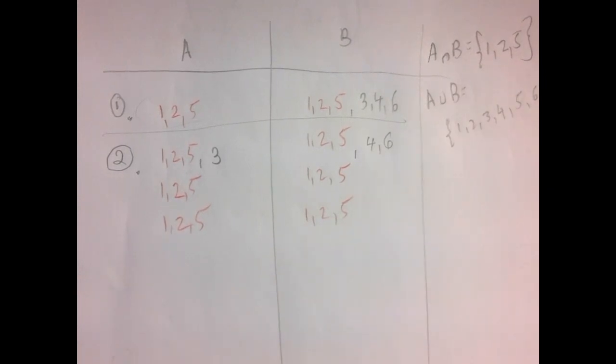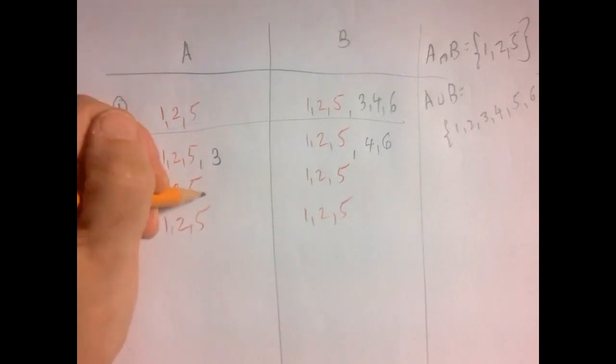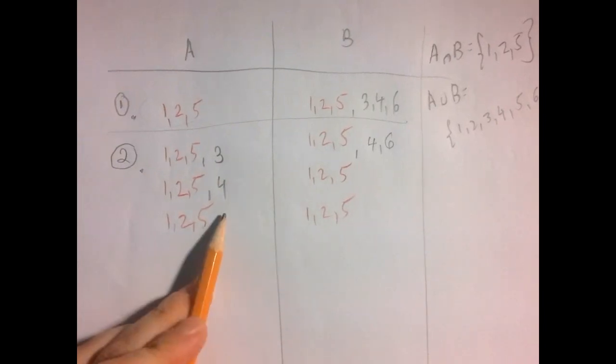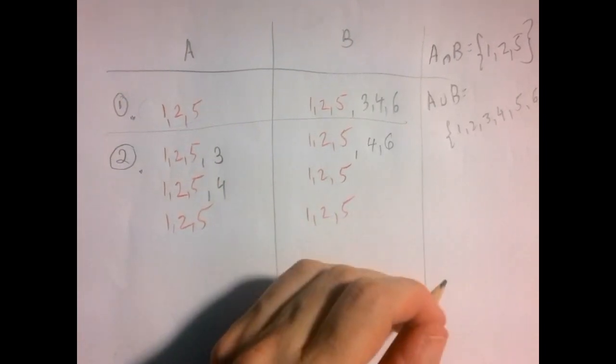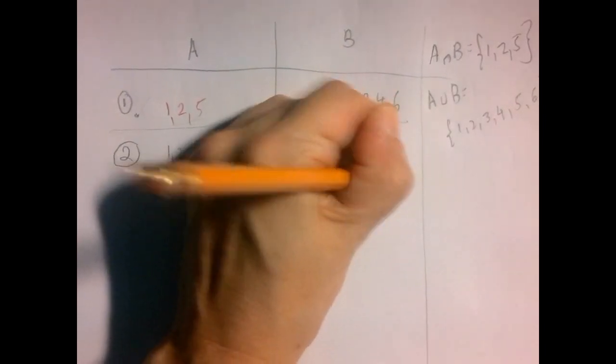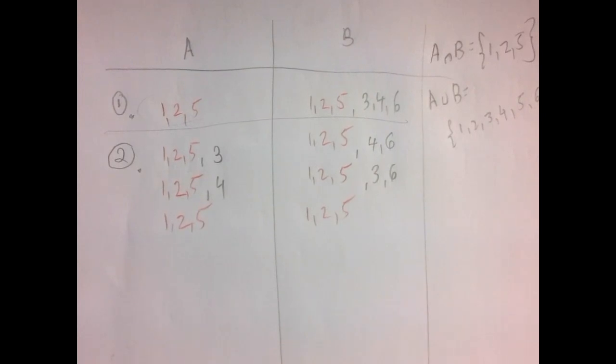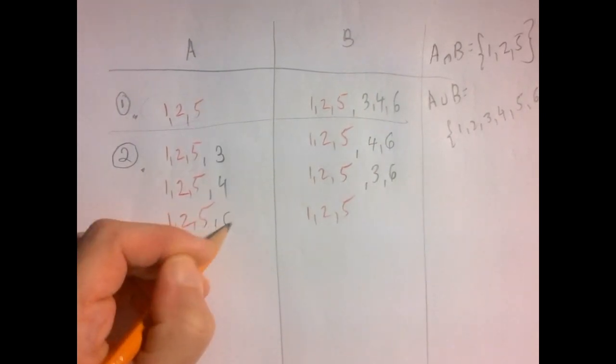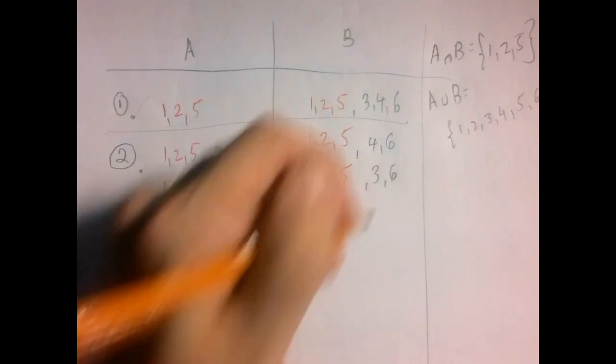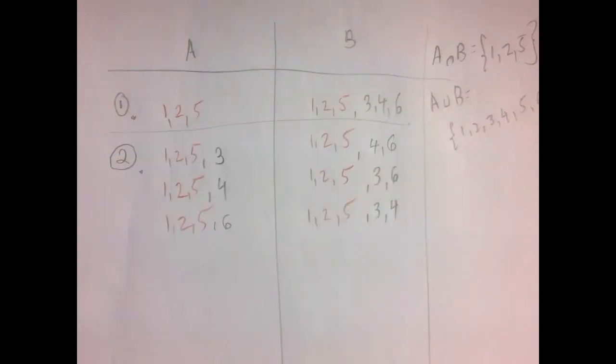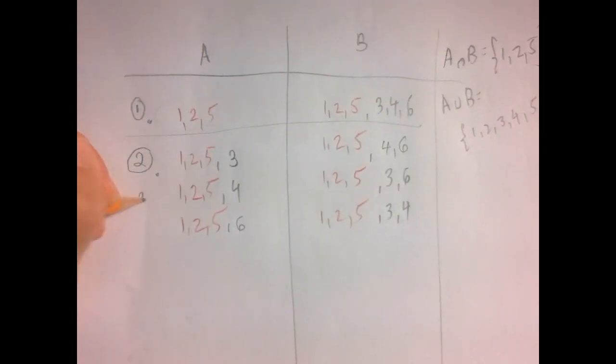So basically we have to distribute the numbers 3, 4, and 6 into one of the two sets. So we could just put 4 into A, and then 3, 6 would have to come into set B. Or we could put in 6 here, and then 3 and 4 have to join B. So we already have 4 different options.